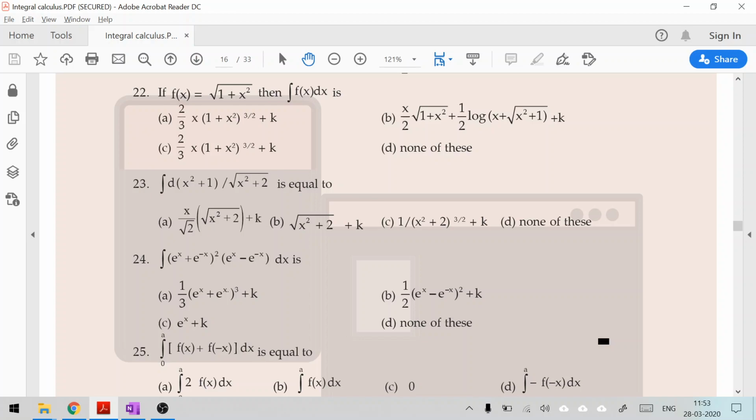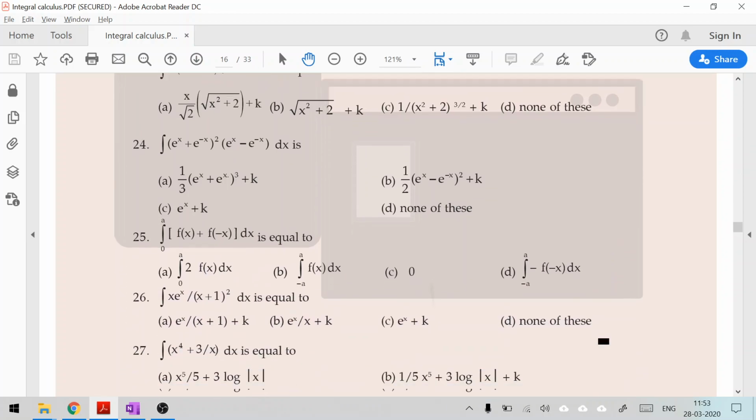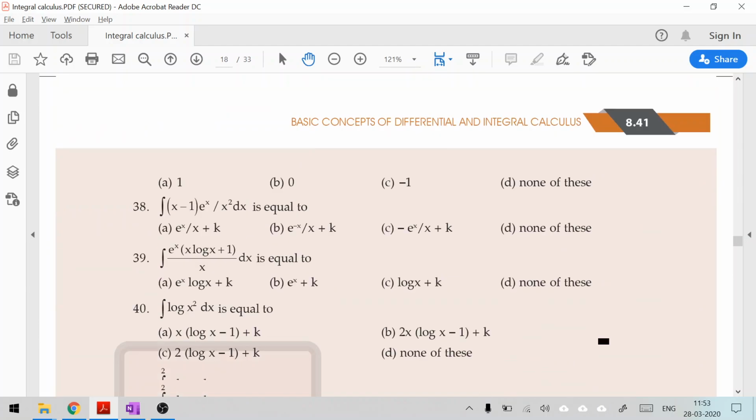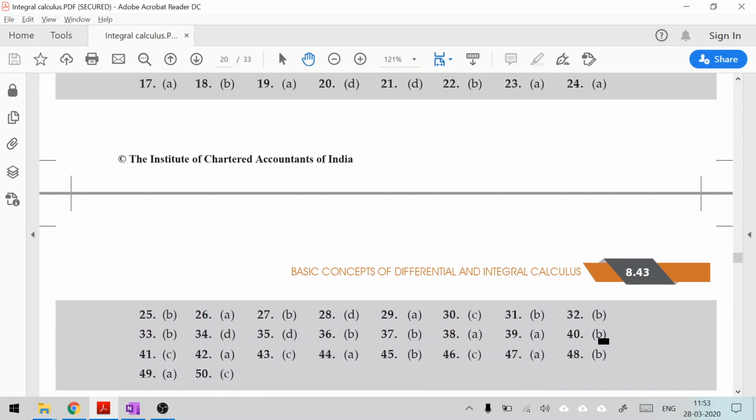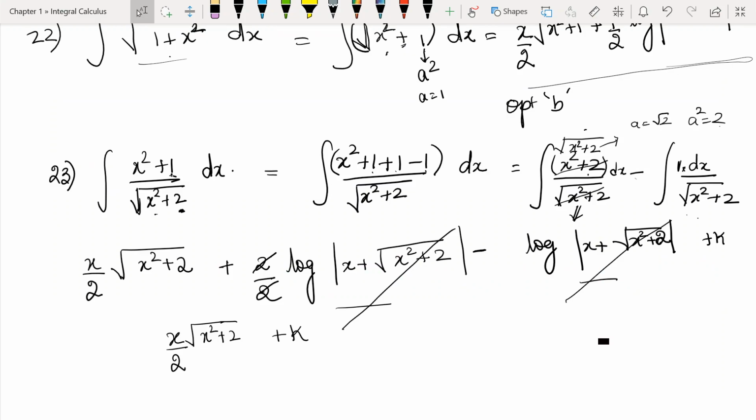The formula is x by 2. So this is a mistake. It's a printing error. Otherwise, the answer is none of these. So you can just check question number 23. What is the answer given here? The answer is given as option A. But the problem in option A is we got 2 here, whereas the answer says root 2.